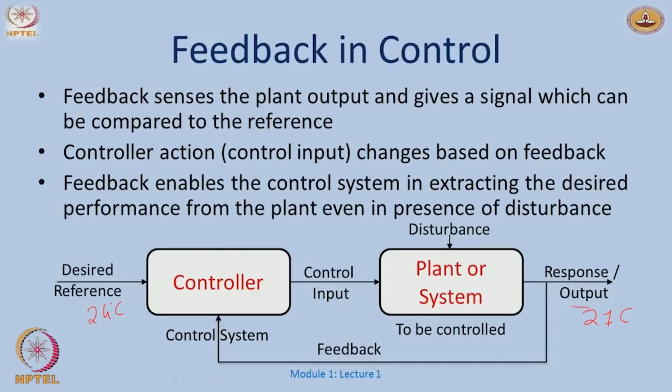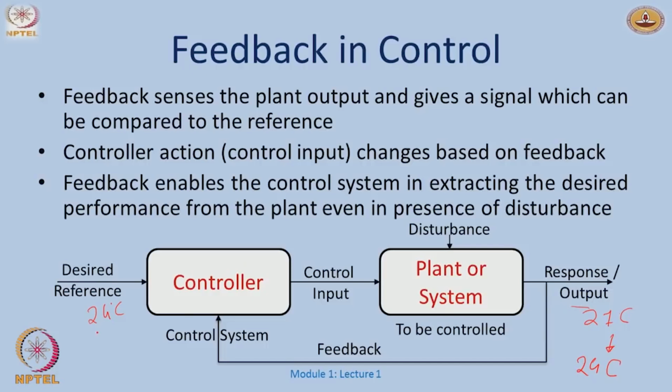This will send the signal back and say, well, your output is not equal to the desired reference, and this difference will tell the controller to give a certain input, so that eventually from 27 degrees I could go to 24 degrees, right. So, the feedback senses the output of the plant and gives a signal which can be compared to the reference, and the controller input is chosen or changes based on the feedback.